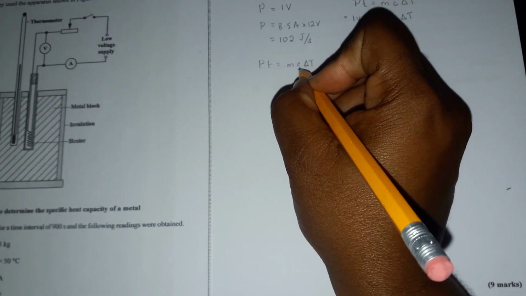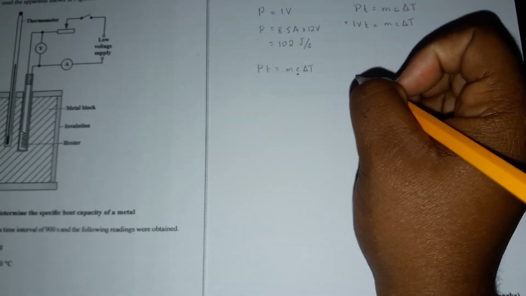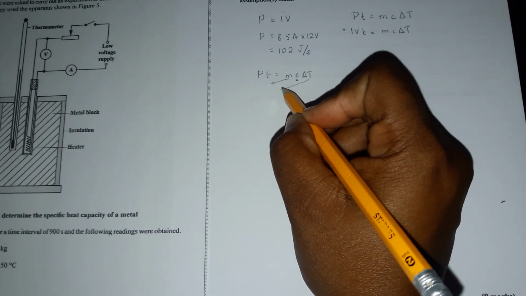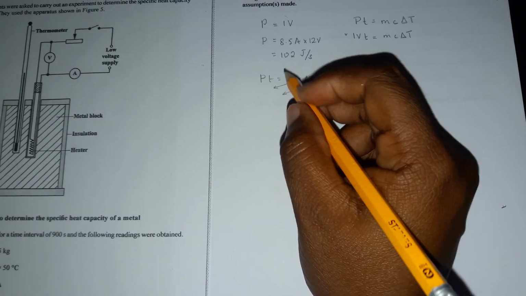And what you're looking for is the specific heat capacity. You can transpose. So all of these, M and delta T, are going to go in the denominator right here.